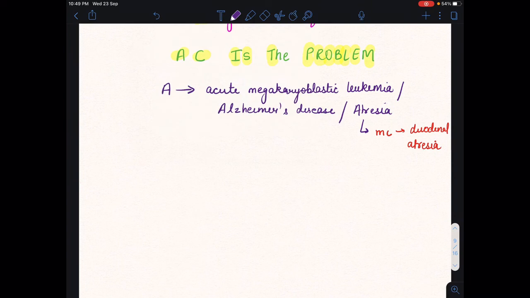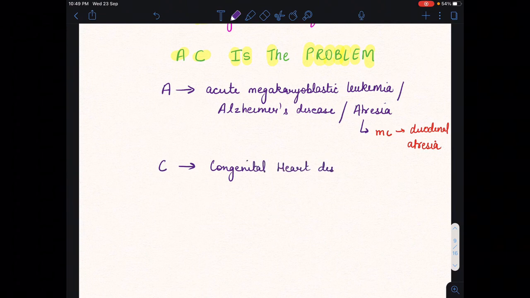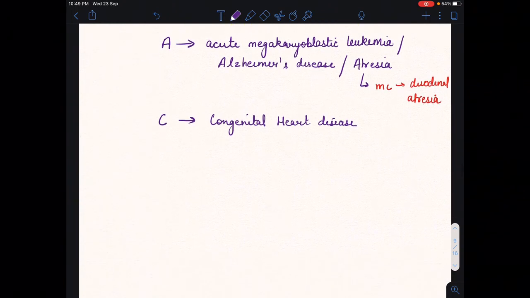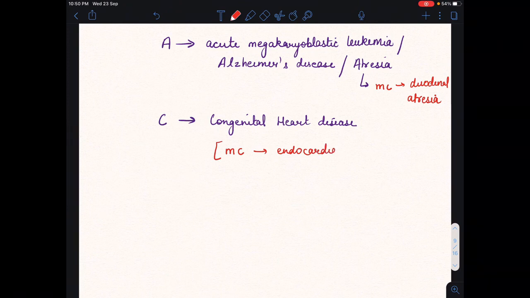Then C is congenital heart disease. In this also we should learn that the most common congenital heart disease is endocardial cushion defect.